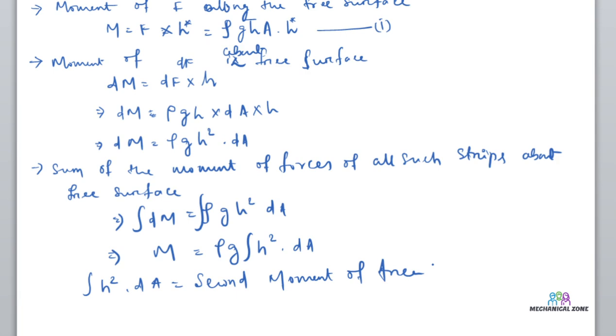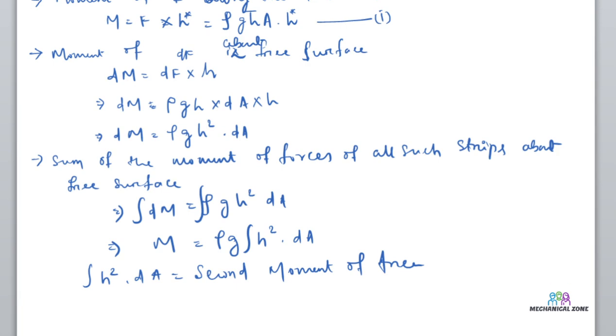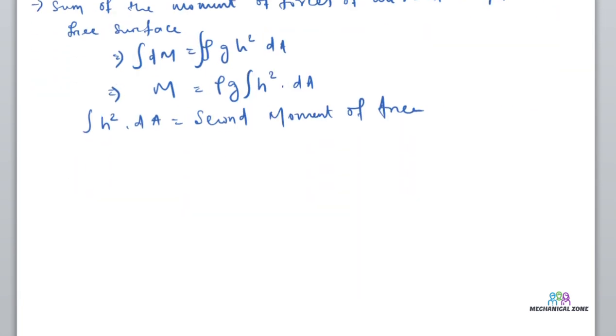Let me scroll down a bit, and this is the second moment of area, and the second moment of area is nothing but the moment of inertia of the area about the free surface, as we are doing calculation from the free surface.